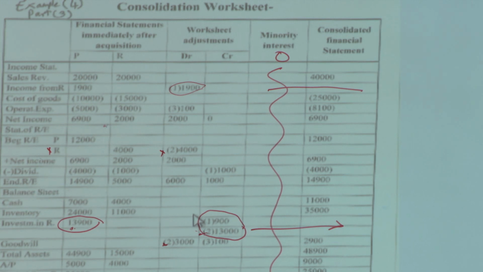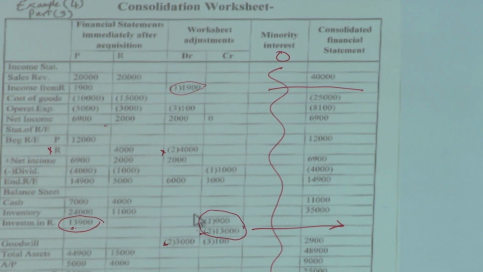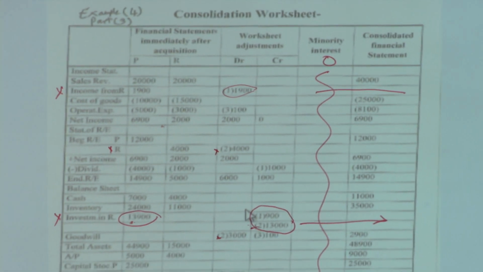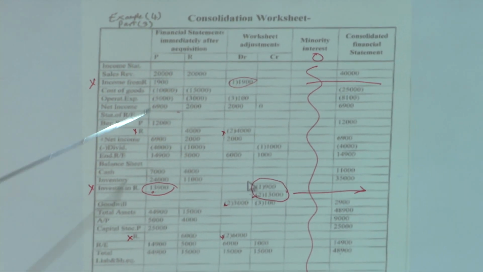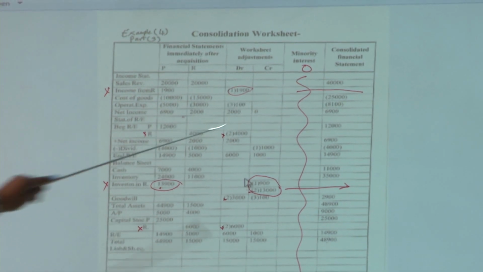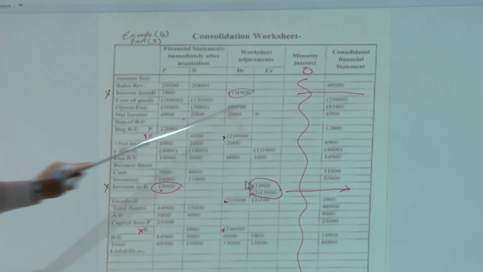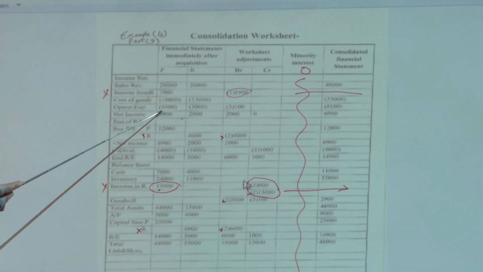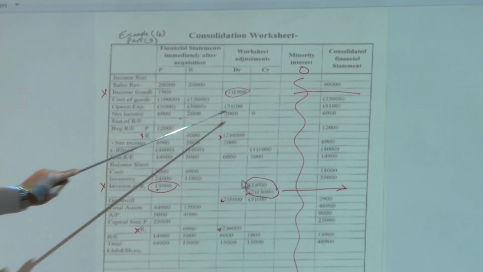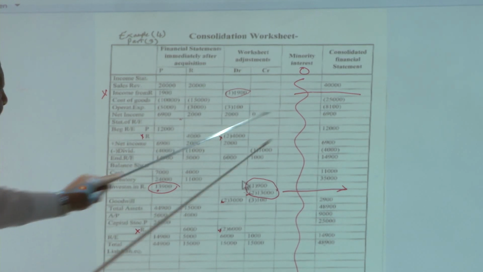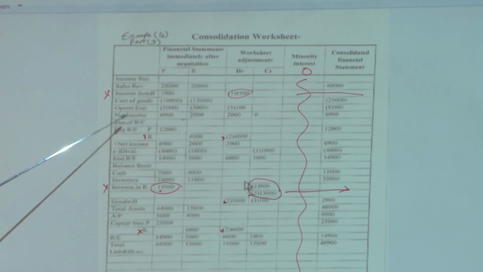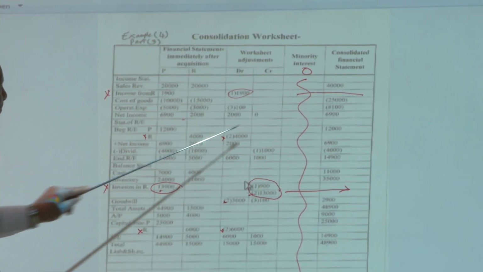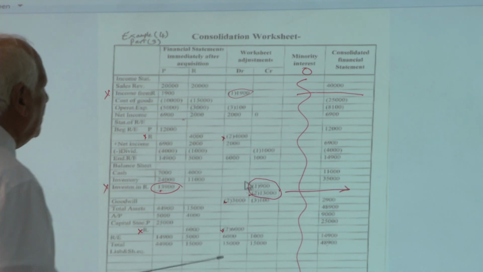Okay? Now, you need to go back again to consolidated sales revenues, 20 plus 20. Consolidated cost of goods sold. Operating expenses. Remember, operating expenses, this one debit, this one debit, and this one debit. Debit, debit, debit, add 8,100. And net income, that's net income. Something very, very important.